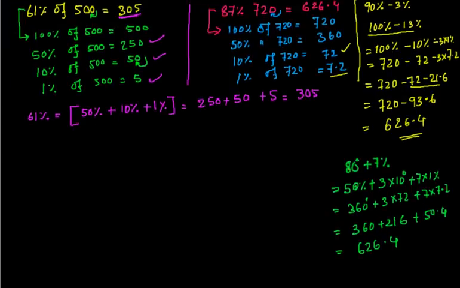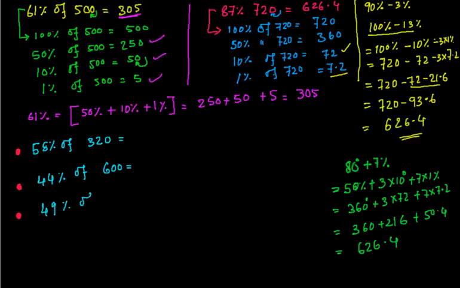Okay, let's do a few more sums. First one is 58% of 320, 44% of 600, and 49% of 630.